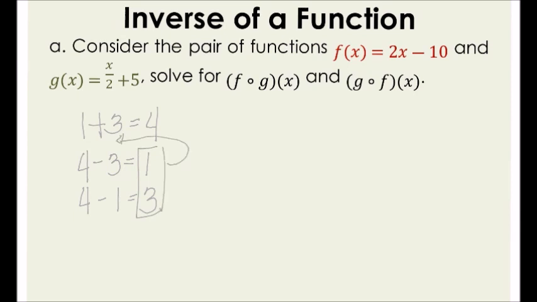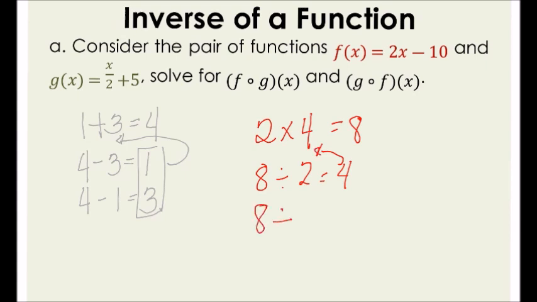At the same time, division is also the inverse of multiplication. If we multiply 2 times 4, we will get 8. To undo that, we will have 8 divided by 2, we will get 4, or 8 divided by 4, we will get 2.